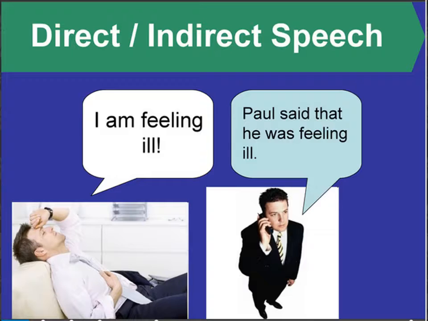In the next picture, we see Sam telling someone, we don't know who, on the phone, that Paul said that he was feeling ill. If you notice with me, I here is turned to he.